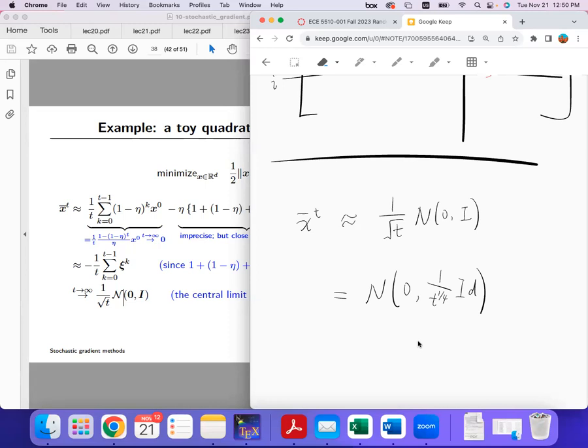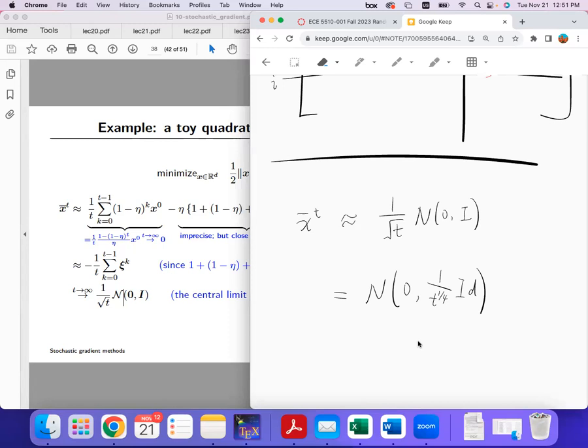But anyway, this covariance term decays as t goes to infinity. So this is a zero mean Gaussian distribution, but the variance, or the covariance, will converge to 0. So it's a highly concentrated Gaussian distribution.